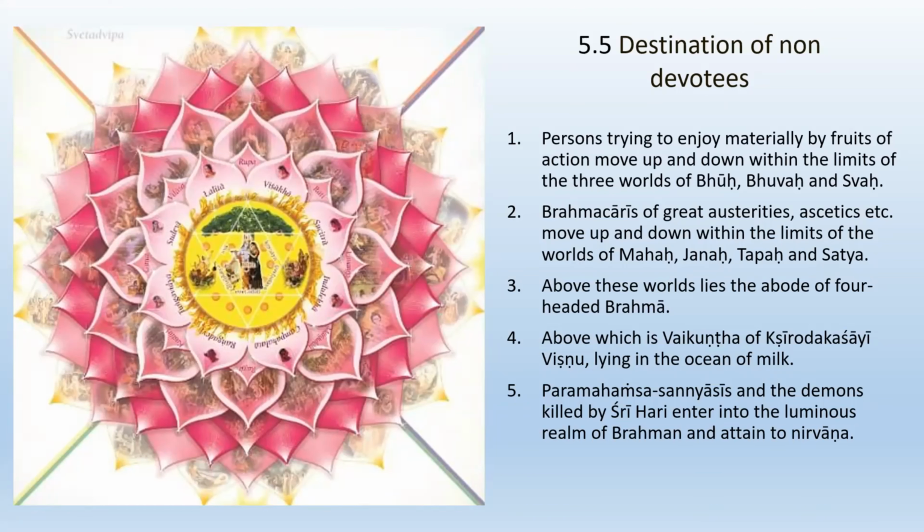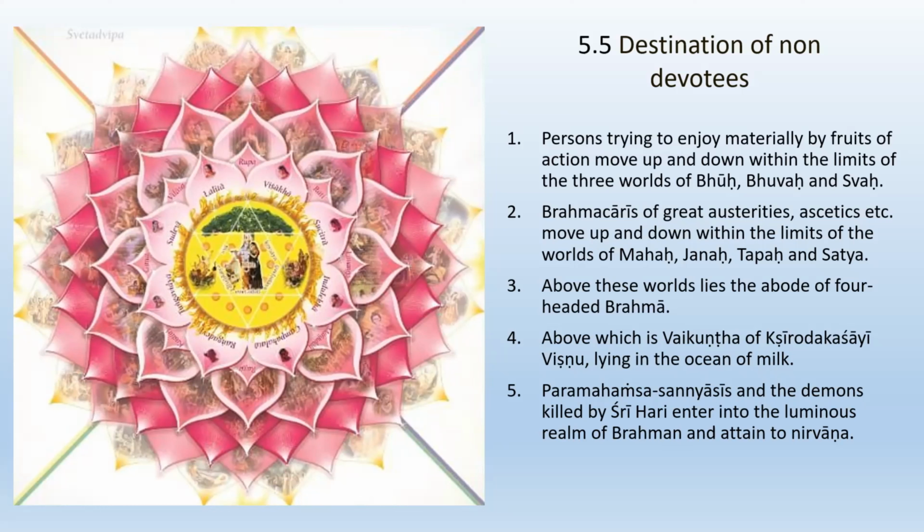Okay, so even point number 1 is talking about those people who might have done some amount of piety, and to enjoy the results of that, they will go to the upper planetary systems, and when the results are depleted, they will come back to the Bhuloka to again do their karma. Yes, Mataji. Okay, Prabhu.